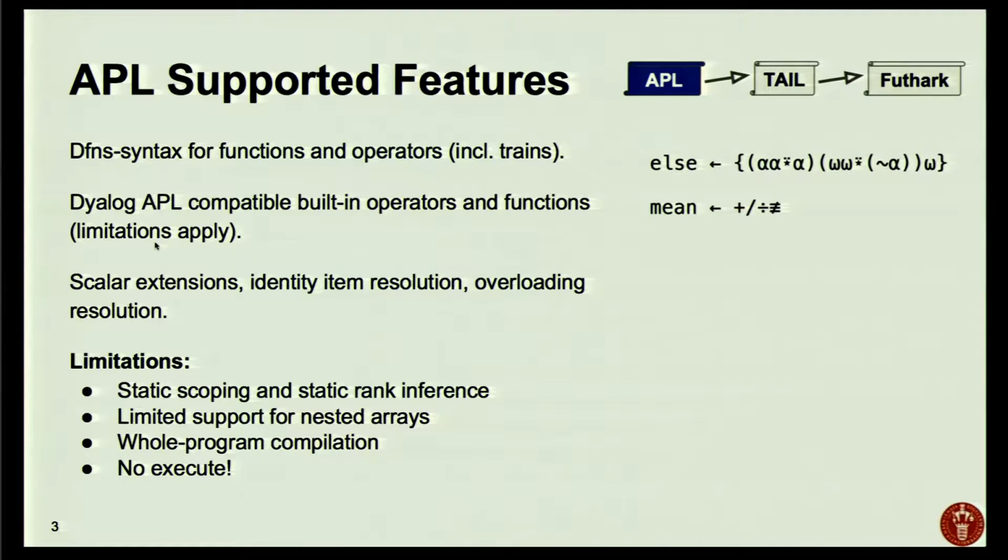Before I go into this, I'll just mention briefly the setup here, what our focus has been, and also a little bit about the limitations and some of the things we'll probably never dive into. The approach we have taken is to take the dynamic function syntax for functions and operators, including trains, and we have a front end to deal with that, so that we can compile whole programs into this intermediate TAIL language.